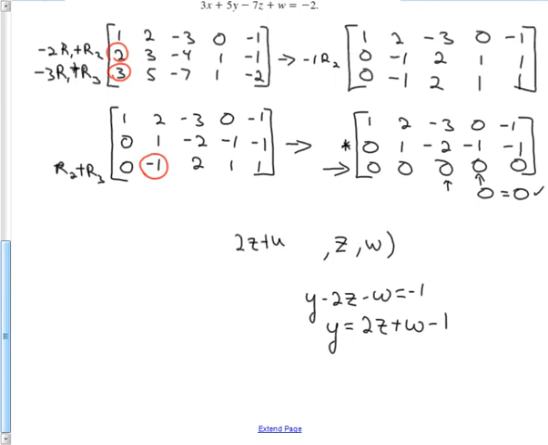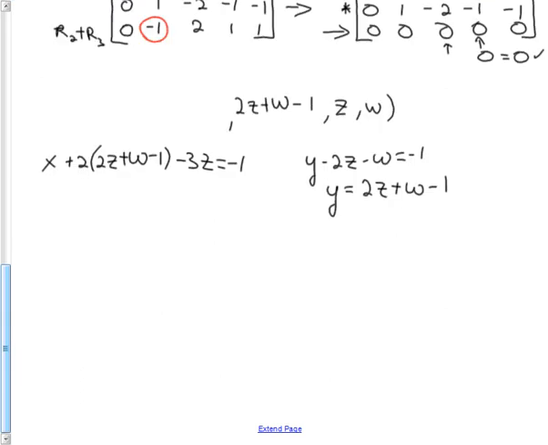And then row 1. X, what do we have? 2Y. So plus 2 times 2Z plus W minus 1. That's our Y. Oh, wait a minute. Minus 3Z. 0W, so that's nice. Equals negative 1.